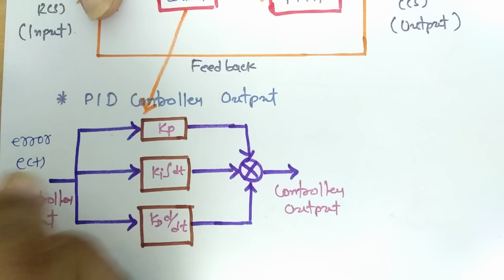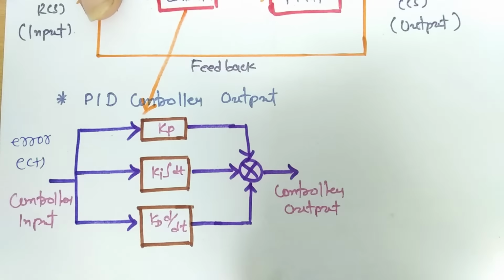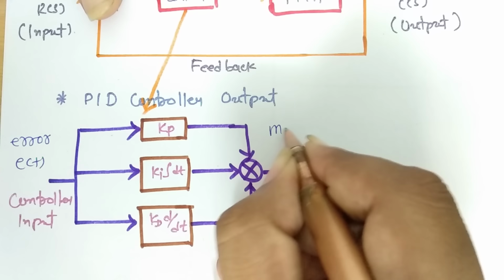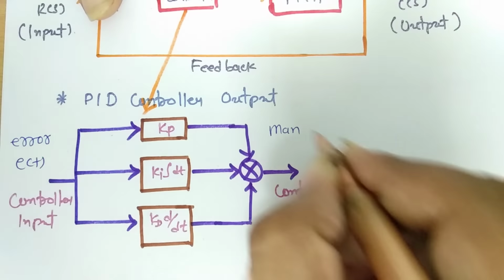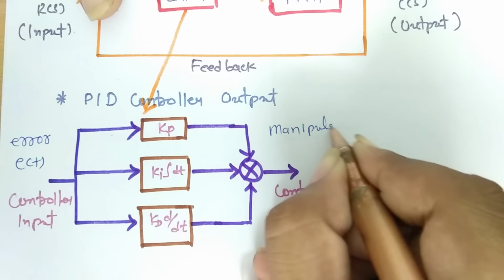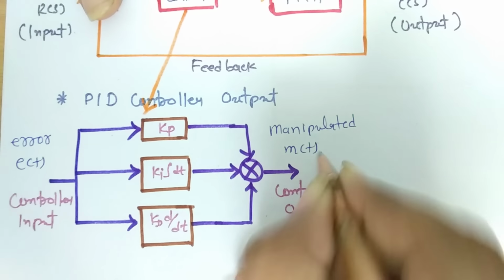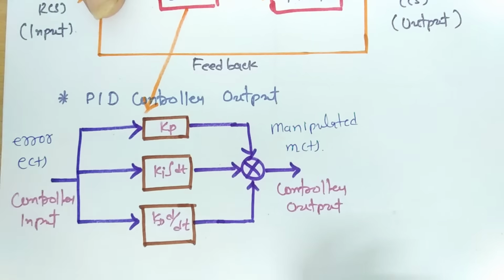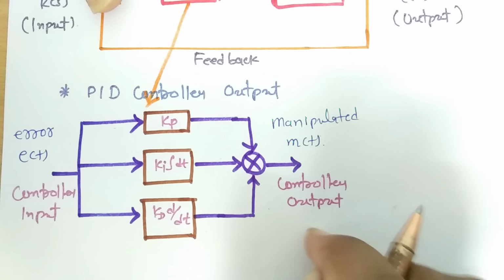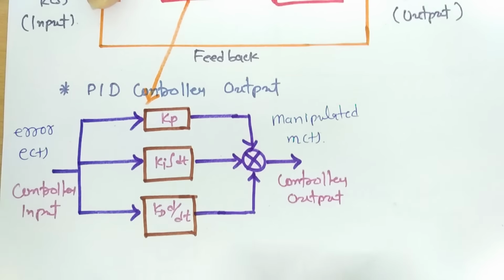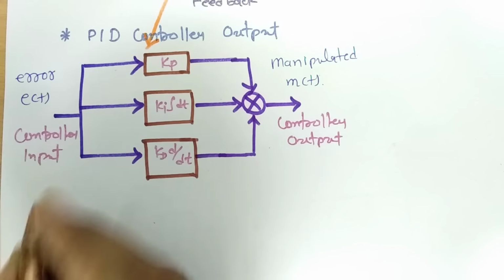The error signal is what we are giving as input to the controller, and the manipulated signal is the controller output, which in time domain is m(t). So let us first calculate the controller output, meaning the manipulated output, in the time domain.